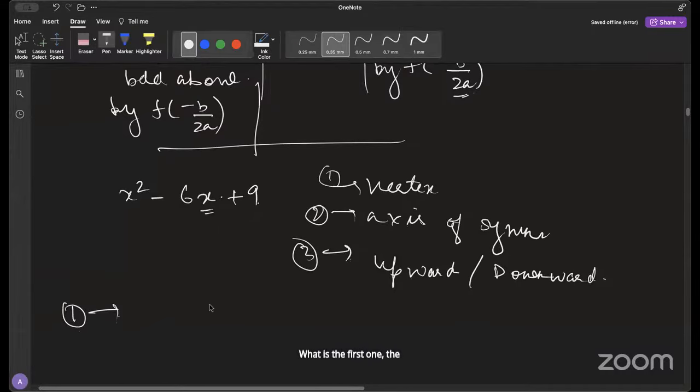The vertex is 3, 0. The axis of symmetry is x equals 3. If you have to find the vertex, this is the axis of symmetry and this is your vertex. And it opens upward, an upward parabola, right?